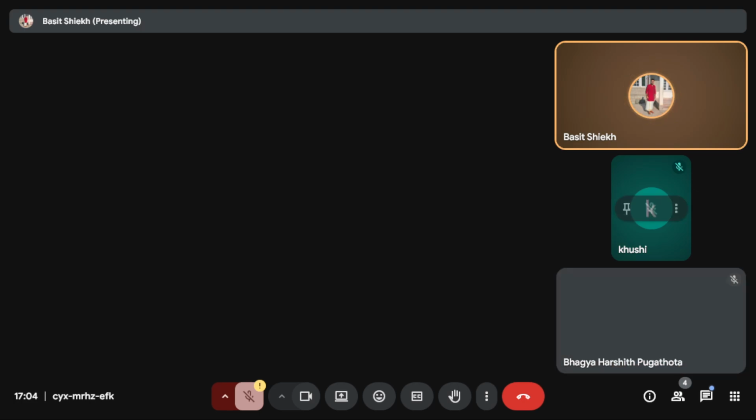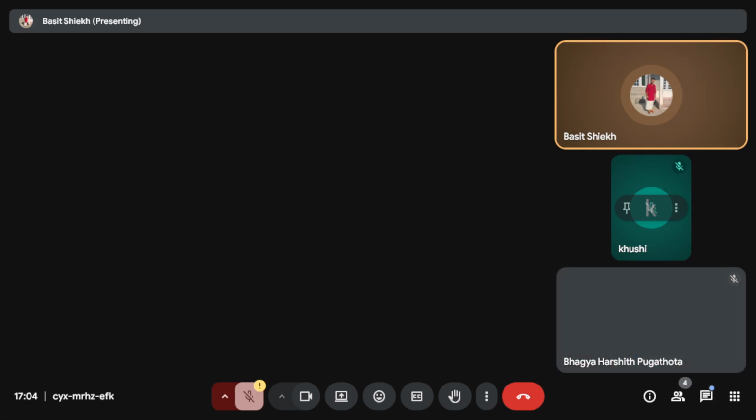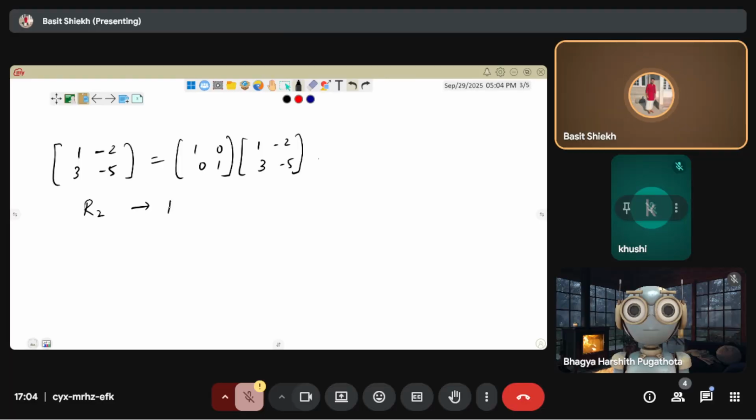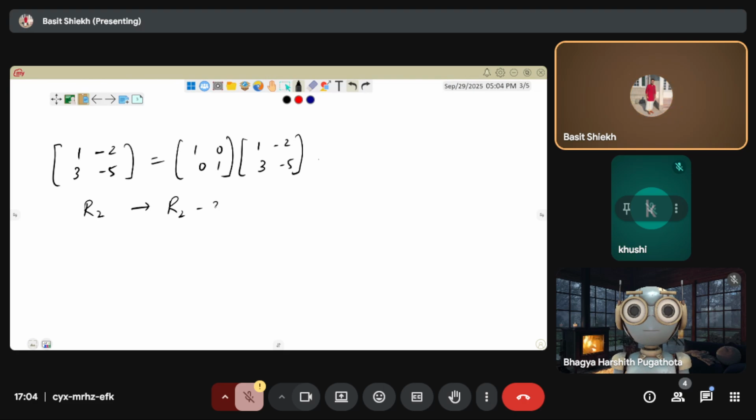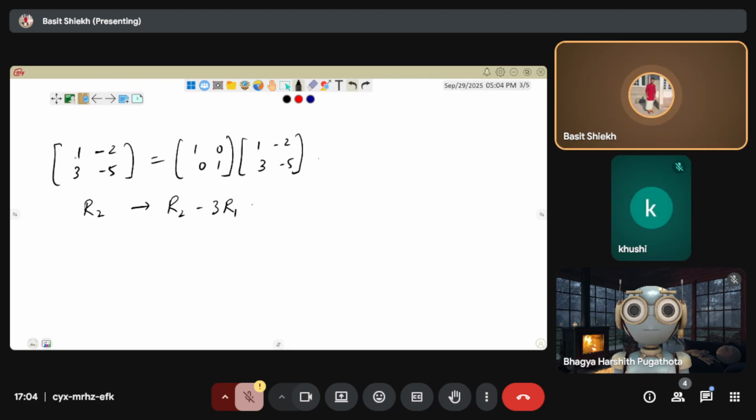So we will apply row transformations here. Only row transformation, not column transformation. Now if I apply R2 gives R2 minus 3 R1. To make this identity, I need here 1 and here 1, and 0 in the other places.